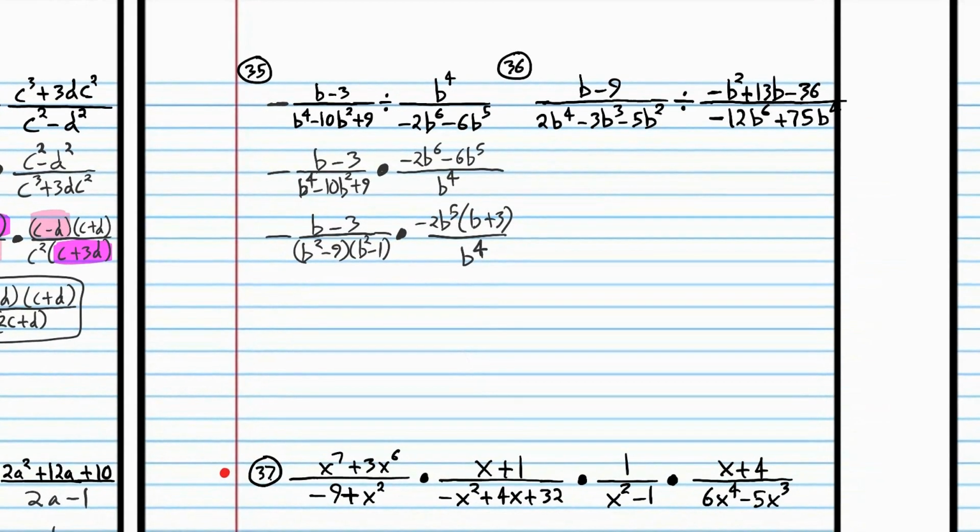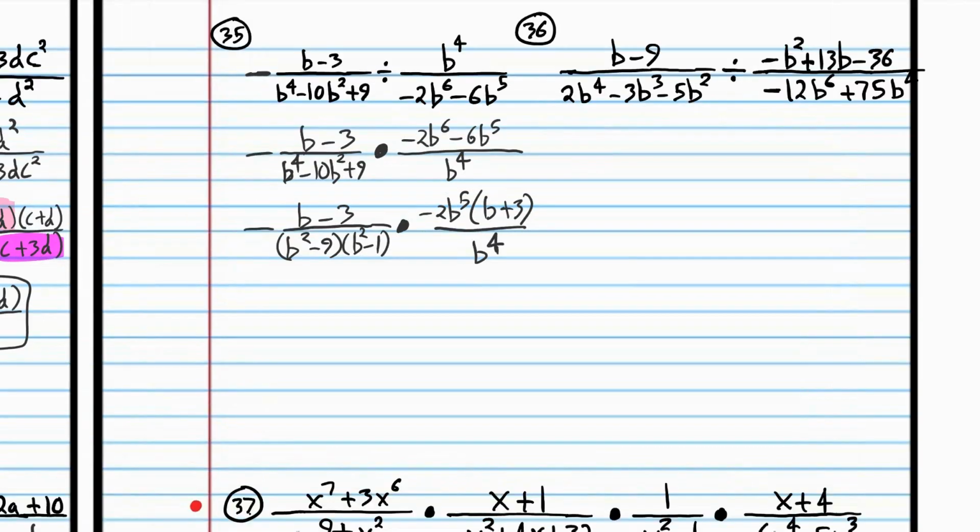And at this point, we have to actually keep going. We have to continue to factor, because notice we actually have the difference of two squares here. So I'm going to continue to factor that.